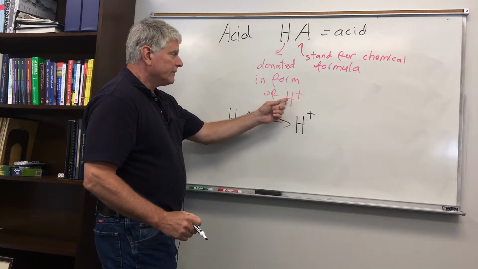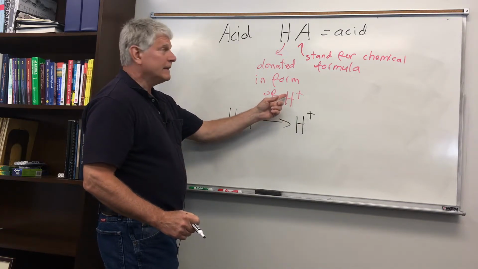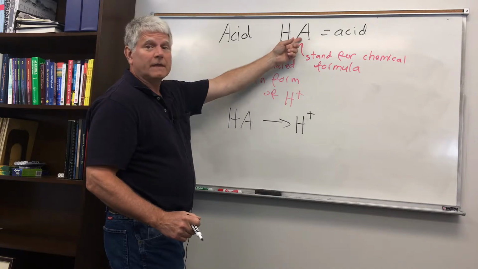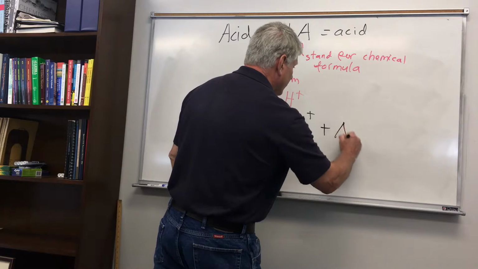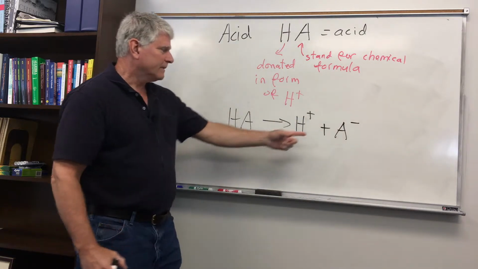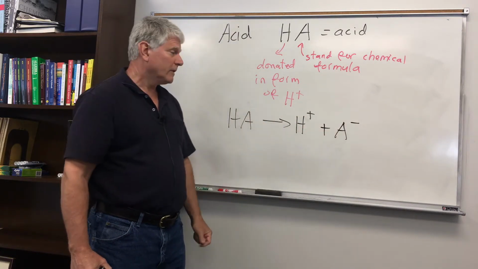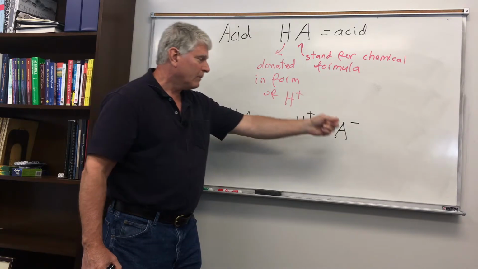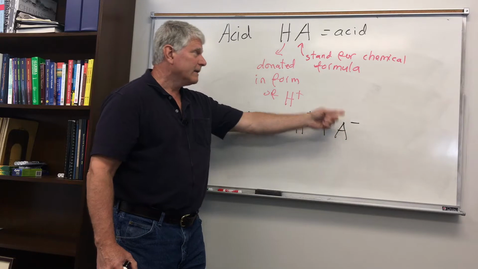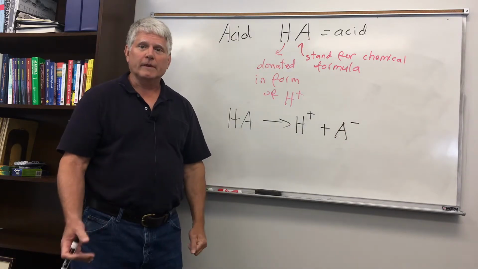So hydrogen's electron has been taken away and it stays on the A part, the rest of the molecule. And so what we'll have is A minus left over. So an acid will donate a proton to something, and what will be left over is A minus, where A stands for some chemical formula.